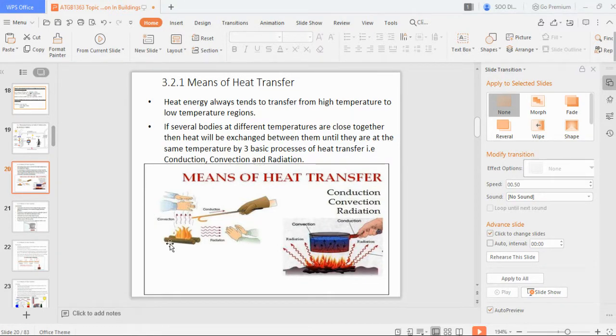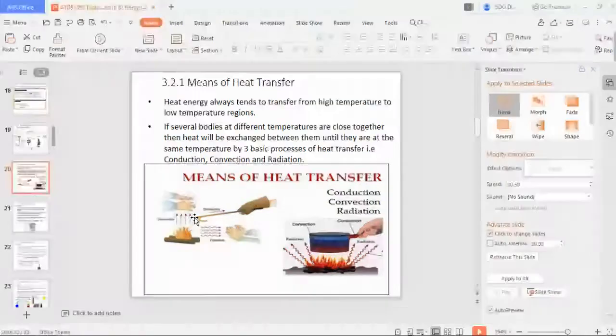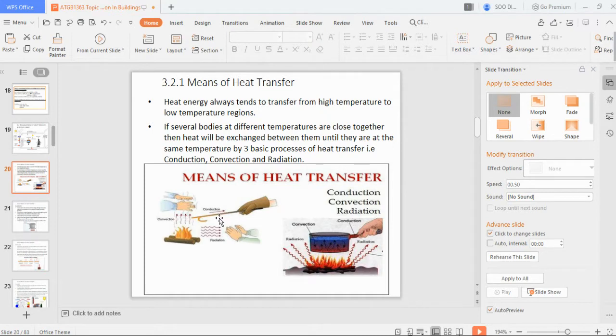As you can see here, convection is heat energy transfer through the air, conduction is through a solid material, and radiation is through infrared. Convection and radiation are very similar.